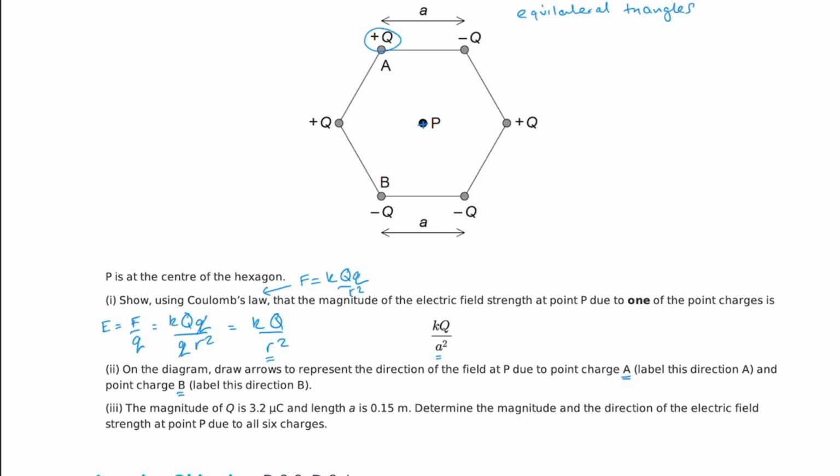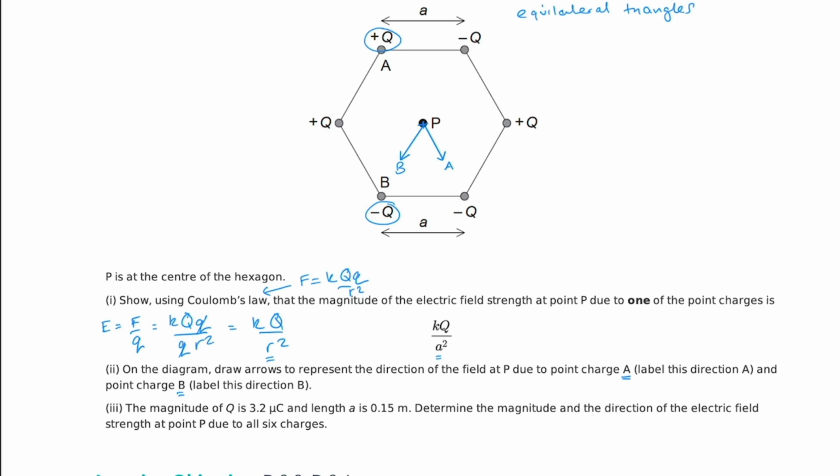That means that this positive test charge would be repelled from A, meaning it would be going in that direction, and we're going to label that A. Conversely, B is a negative charge, and our positive test charge at P would be attracted towards B. That means it would be going in that direction for B.